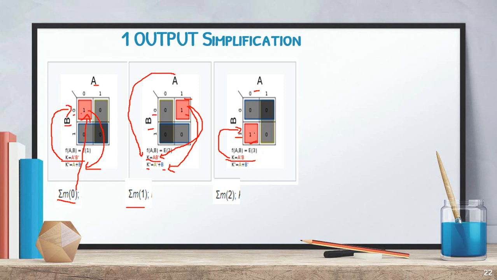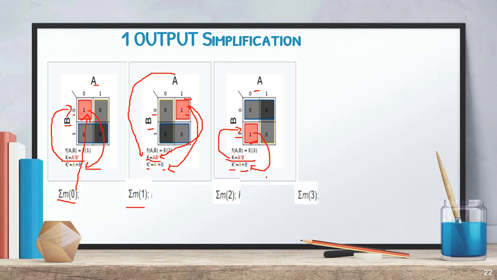If you want to do it as POS, it is simply the opposite of the SOP. Wherever B bar is there, make it B, and wherever A bar is there, make it A, or if A is there, A bar, just opposite, and instead of multiplication use plus, and the output should be in the bar condition. This is how we can form the POS.